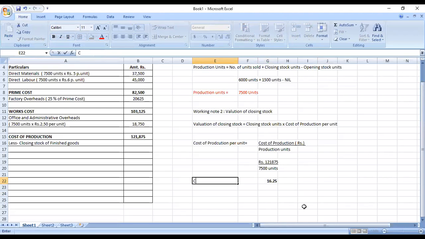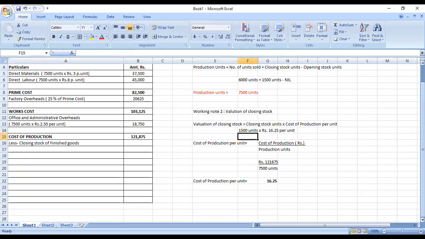Cost of production per unit, in rupees. Now put this value in this formula. Cost of closing stock: 1,500 units multiplied by cost of production, 16.25 per unit.